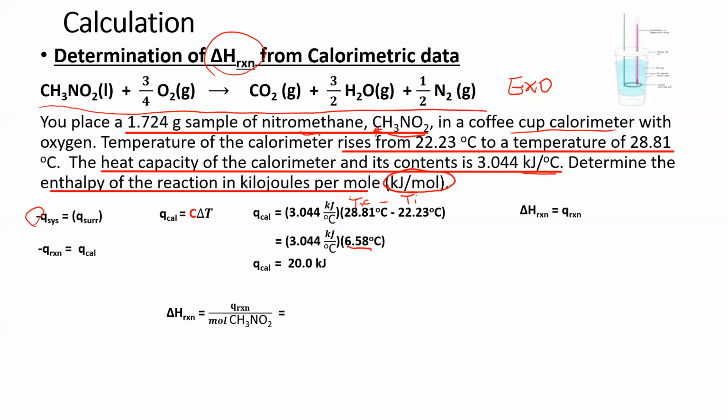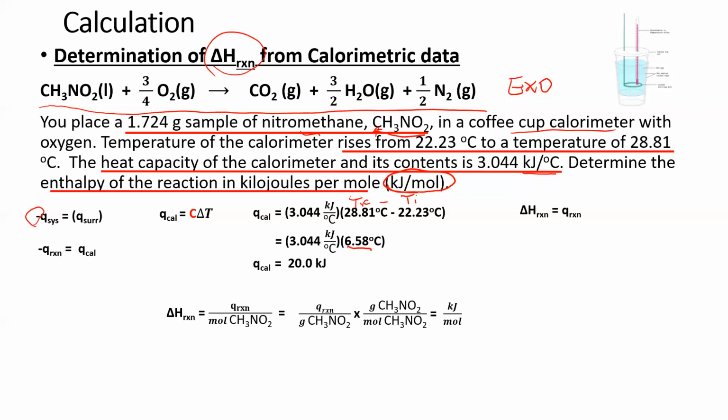So I'm given grams of nitromethane. I can convert the amount of kilojoules released by this 1.724 grams of nitromethane into the heat in kilojoules per mole of nitromethane. Now, how would I do that?